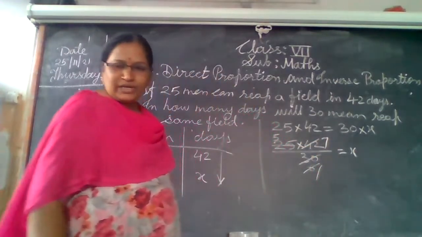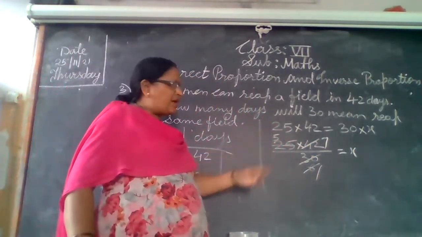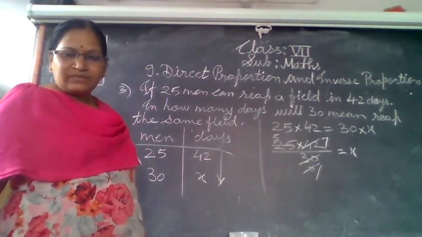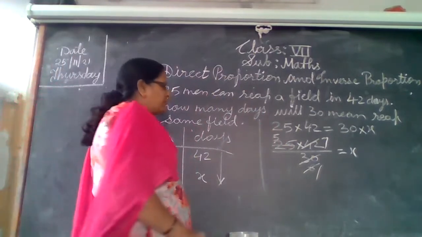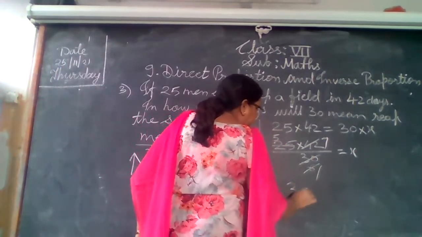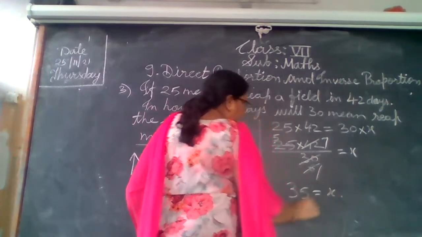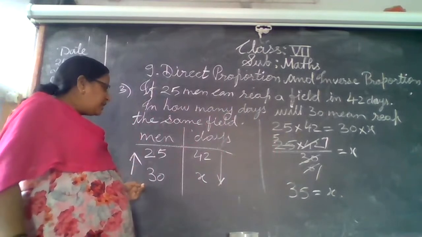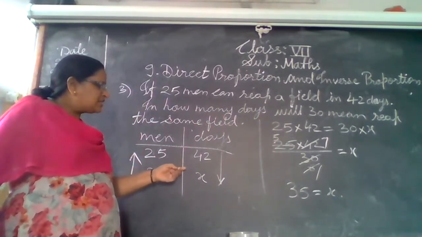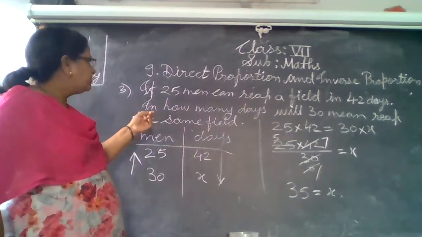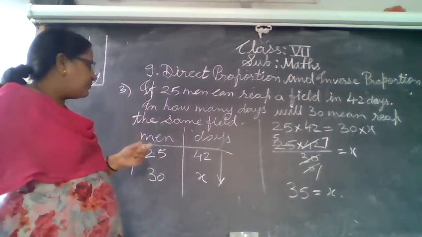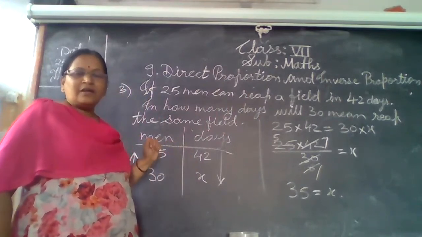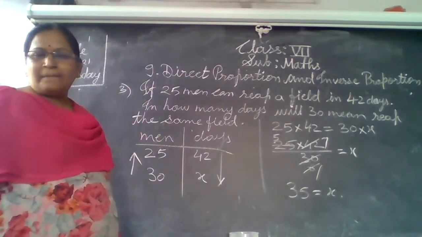What is left in the numerator, beta? 5 and 7. 5 sevens are 35, so X equals 35. So with 30 men, the days required to reap the field is 35. Just 35 days they will reap the field with 30 men.